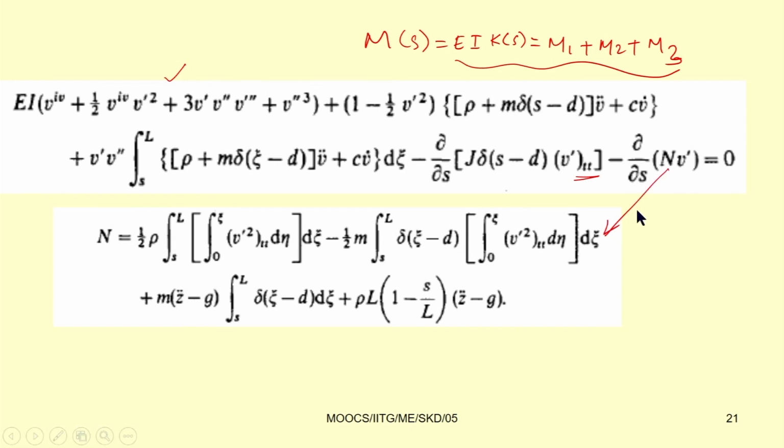You can note here that for the Euler-Bernoulli beam only, we have the first term, that is EI del fourth w by del s fourth, and one more term, that is rho v double dot equal to 0.